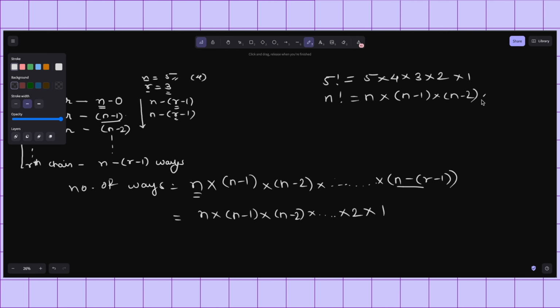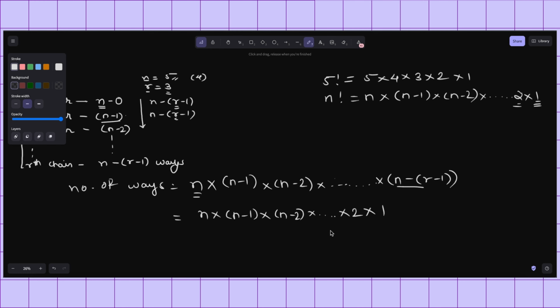After some point of time, there will be 2 into 1. The number will always end at 1, because the number can't be negative; factorial of a negative number is undefined.